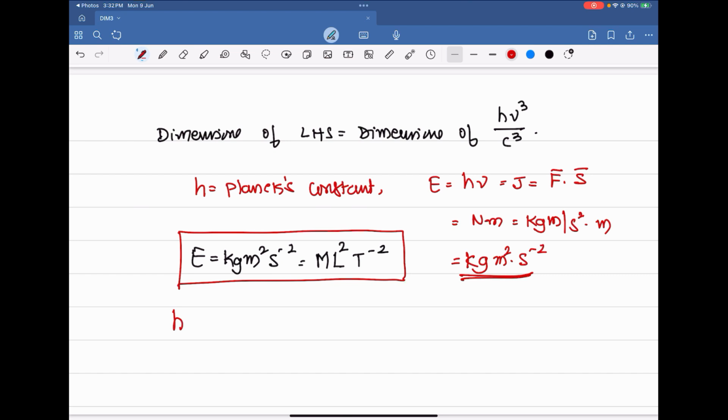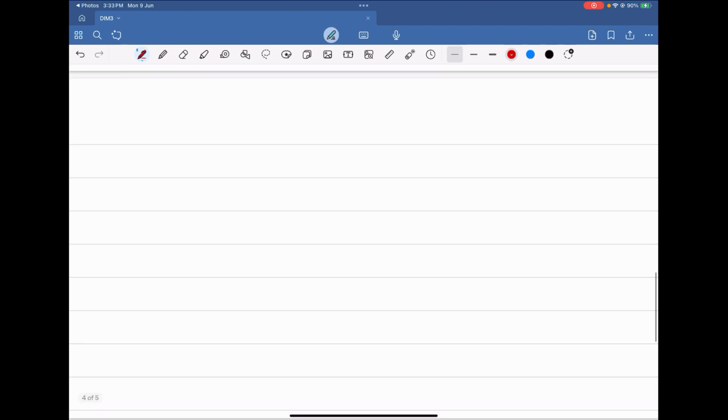In h nu cube by c cube, can we write it as h nu into nu square by c cube? That is equal to E nu square by c cube. What is the value of c? Dimensions of c is equal to speed of light.